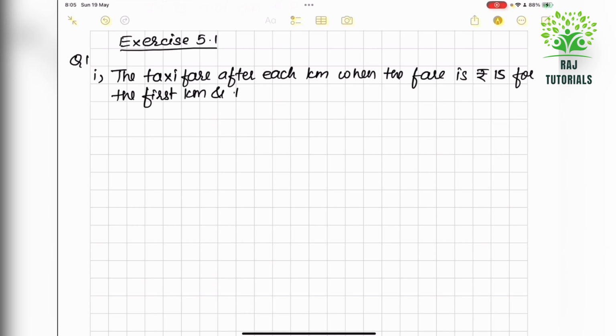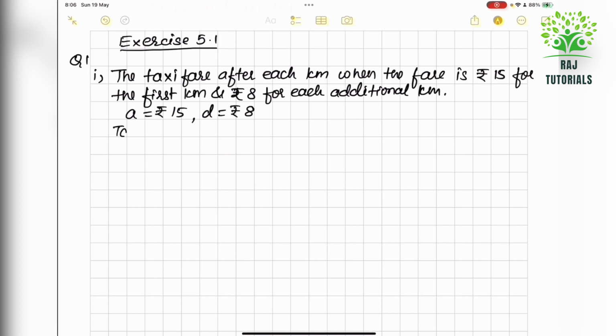and rupees 8 for each additional kilometer. So he is saying that A is, here A will be rupees 15 and D is rupees 8. So he is asking to find the taxi fare.